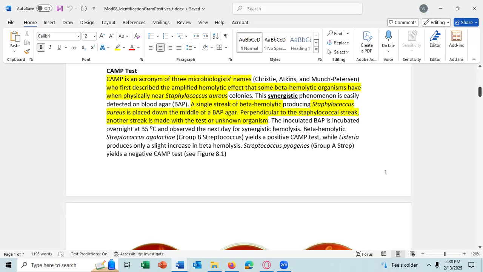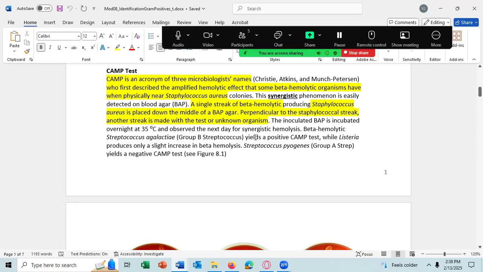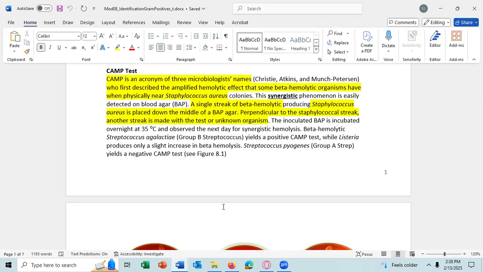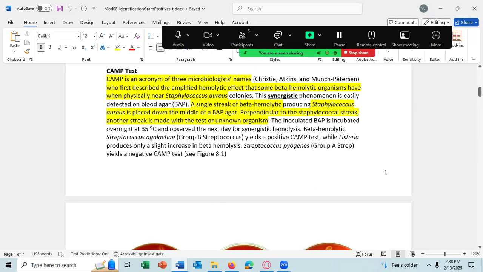How you do the CAMP test is you get a blood agar plate and you streak beta hemolytic Staphylococcus aureus down the middle of the plate in just one streak. Perpendicular to this streak, you then streak another organism, like a test organism or an unknown organism that you're testing to see if it's CAMP positive.